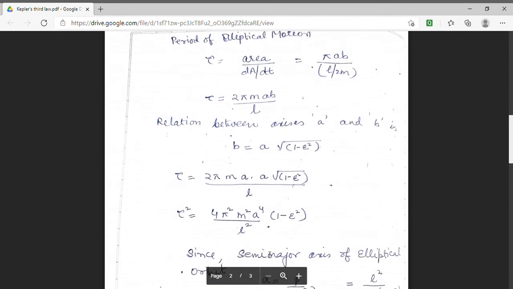So tau square comes out to be 4 pi square m square A to the power 4 into 1 minus epsilon square upon l square. As in our previous lectures, we found the value of the semi-major axis, A equal to p upon 1 minus epsilon square, and p is l square upon m k. So A comes out to be l square upon m k into 1 minus epsilon square.